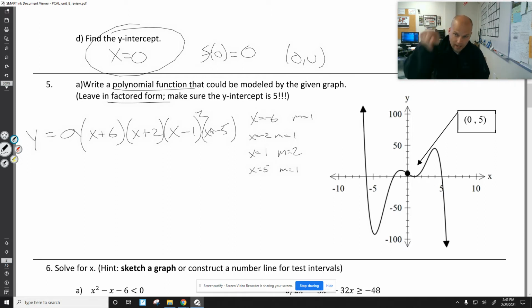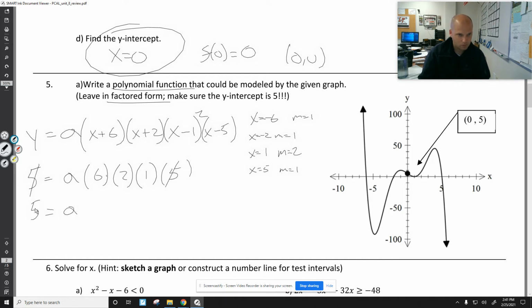We have a y-intercept at 0, 5. So when x is 0, y must be 5. 5 equals a times 6 times 2 times negative 1 squared times negative 5. So 5 equals, I'm going to just divide by 5.